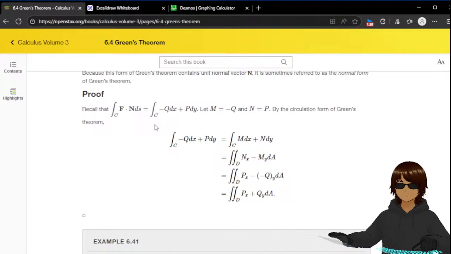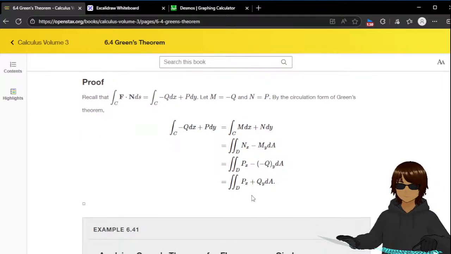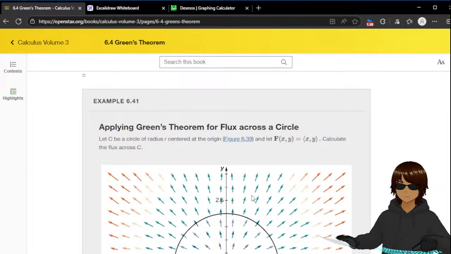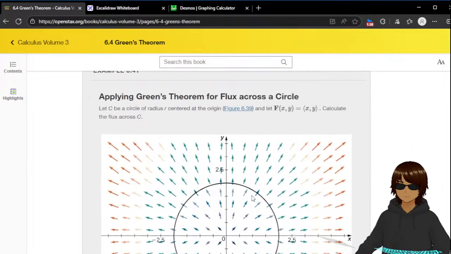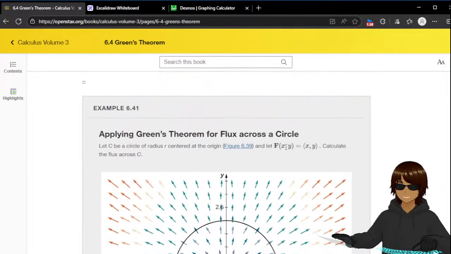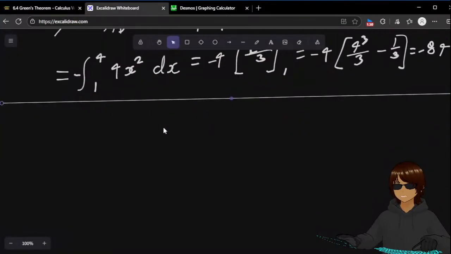By the circulation form of Green's theorem, we have this. Then we have P_x plus Q_y. So we have example 6.41.